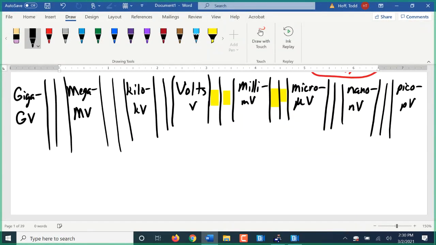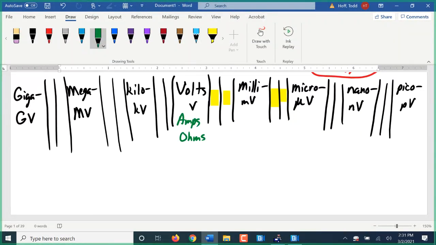GV is a gigavolt, or a billion volts. And then we would jump up to tera, which would be 1,000,000 times 1,000,000 volts. We typically don't get that large in our voltages. And of course, that would also apply for amps or ohms, for our currents and resistances.